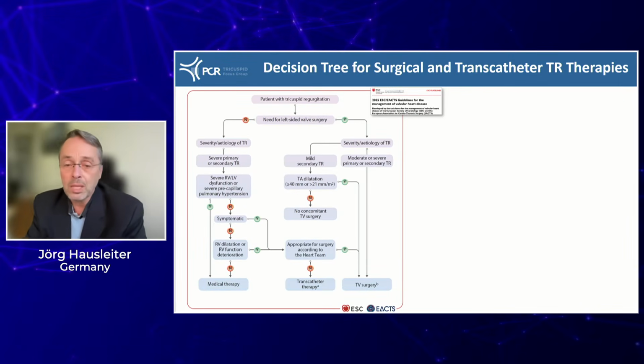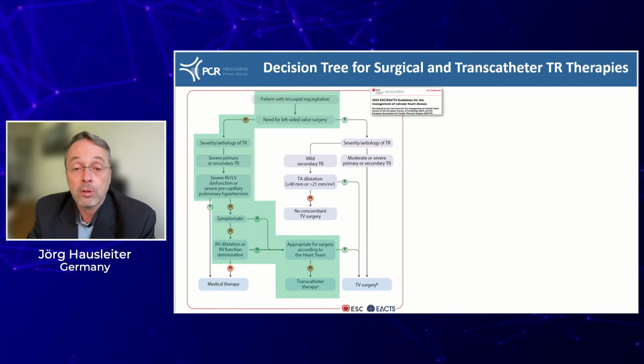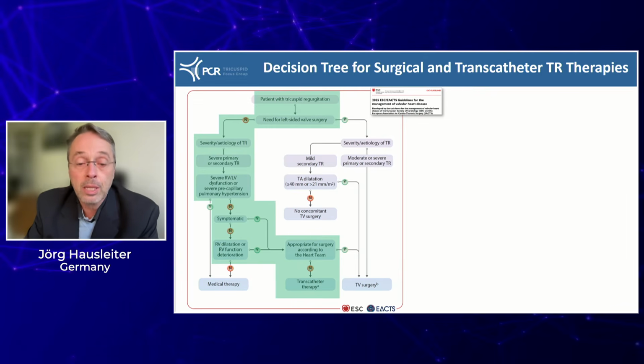Now, based on these perfect results of these trials, the current guidelines include also a decision tree for how to treat our patients with surgical and transcatheter tricuspid valve therapies. You see this here on the left side. And for a typical patient, for example, for a patient who is very similar to the study patients, we do see here the pathway which ends in a transcatheter therapy.